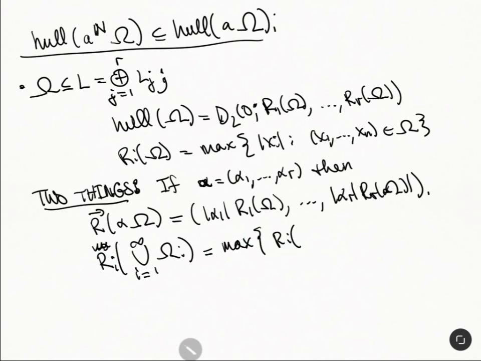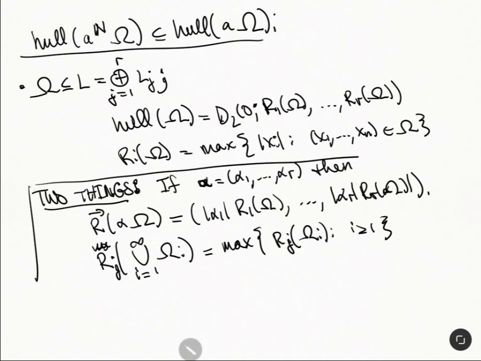Let's do this rj so that there are different subscripts: rj of omega i, and this varies for i greater than or equal to 1. All right, so these two formulas are easy.